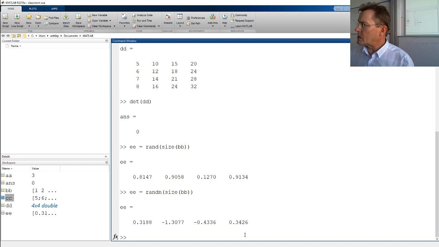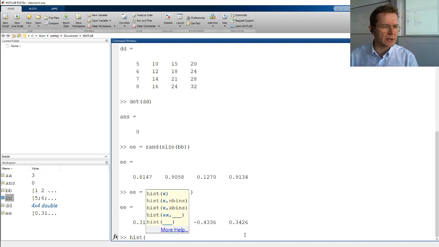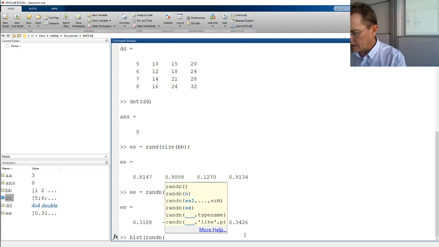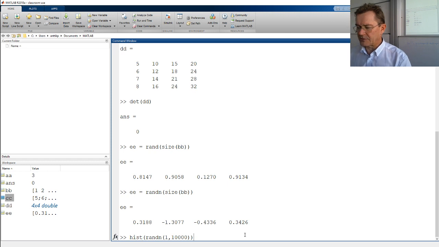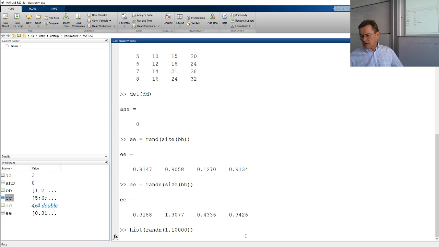Okay, to reproduce that histogram picture, I can always show what the random numbers would look like. Randn, let's make a 1 by 10,000 matrix of random numbers. The hist command is the one which calculates the histogram, meaning it shows the distribution.